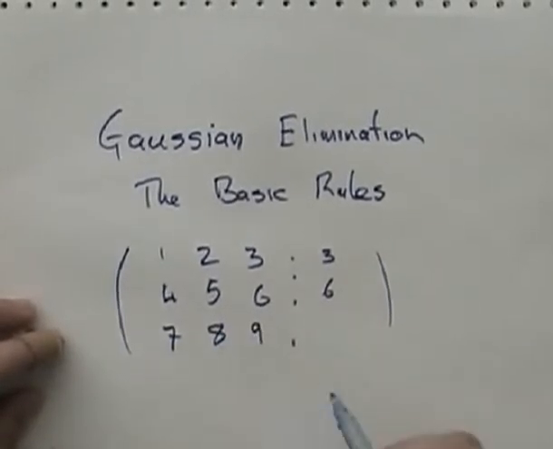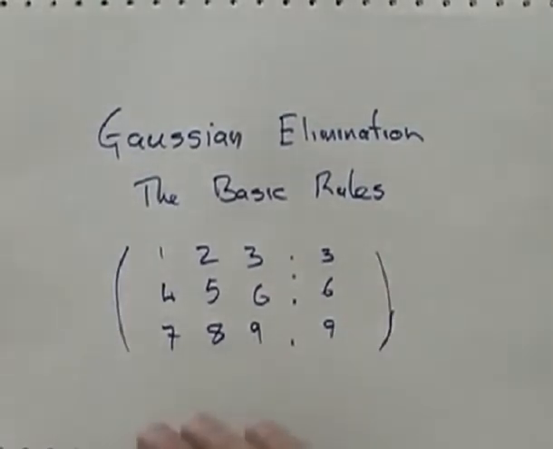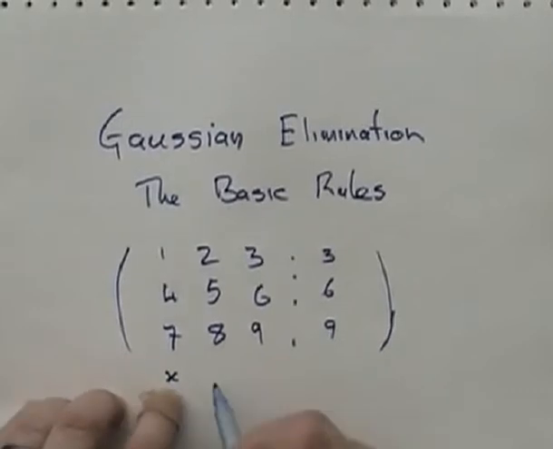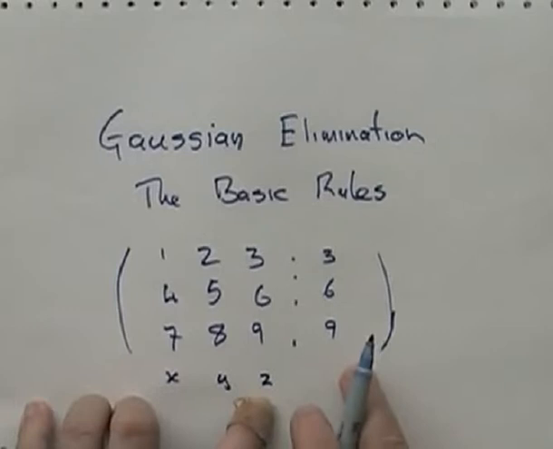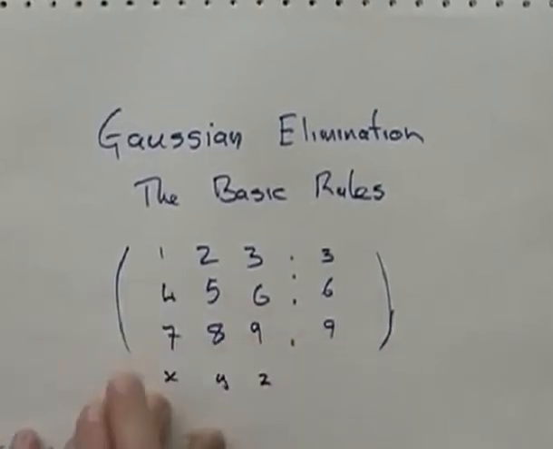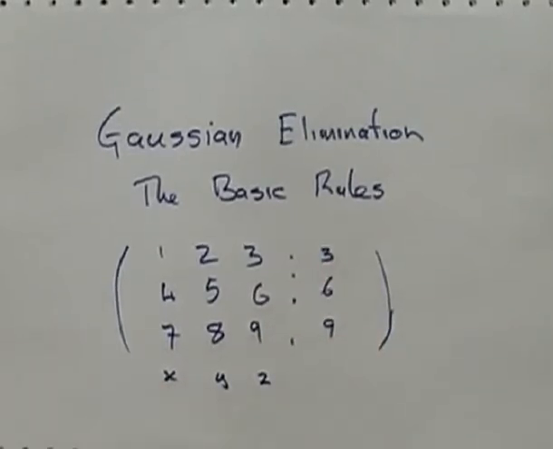So if we have an equation, something like this, the matrix is actually three simultaneous equations. This is the amount of x, this is the amount of y's, this is the amount of z's, and this is the number. So this would read 1x plus 2y plus 3z equals 3. And we put it into a matrix form so we can then make it easier to figure out the answer.